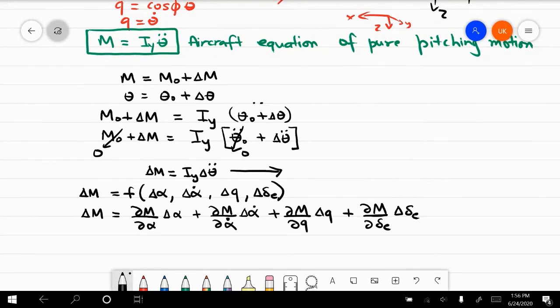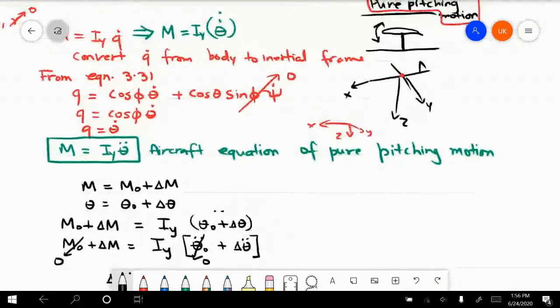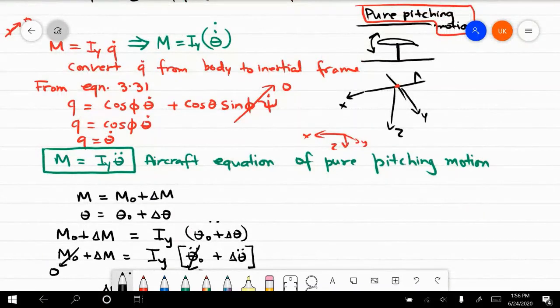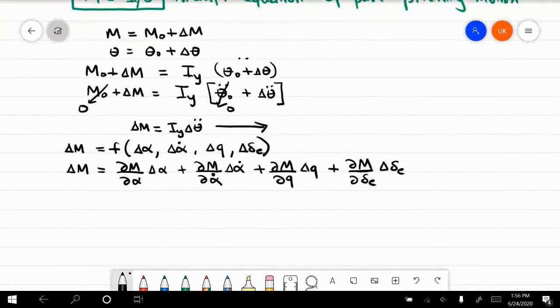Now we will further simplify this by exploiting one of the characteristics of this pure pitching motion. So in the pure pitching motion, whether you measure the angles from the inertial frame of reference or from the body frame of reference, it will appear the same.